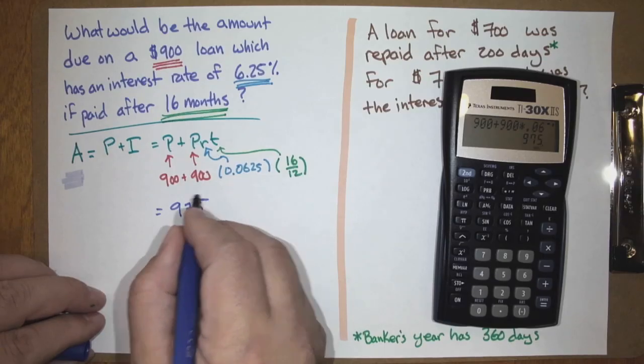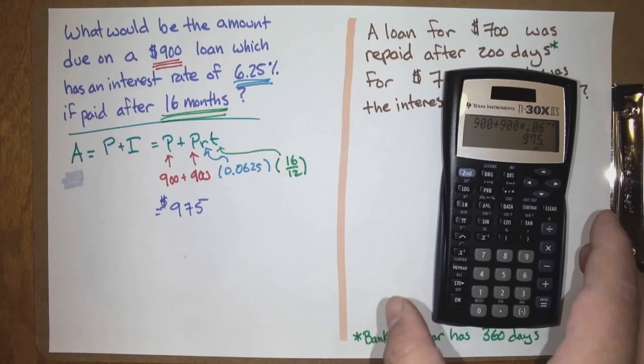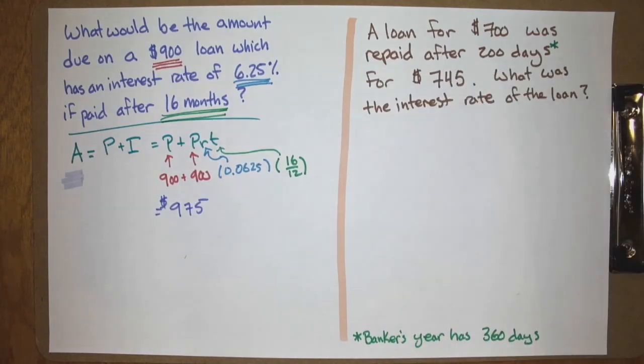Does that sound like a reasonable amount to pay back for a $900 loan after about a year? Yeah, it's all right. It's reasonable. If it had been like $10,000, would we have said, yeah, that's fine? No, of course not. Okay, so not so bad. I like this simple stuff. It's good.